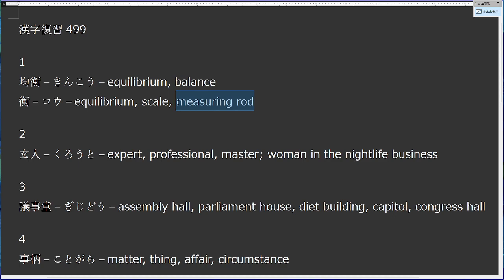Ko is equilibrium, measuring rod, or scale. By measuring the big field by going over it. Measuring rod, scale, or equilibrium.